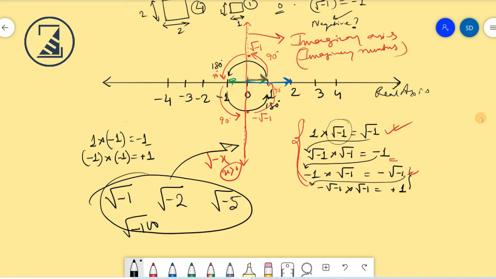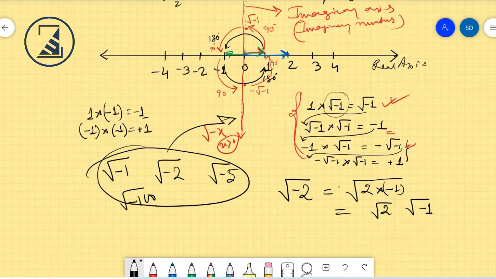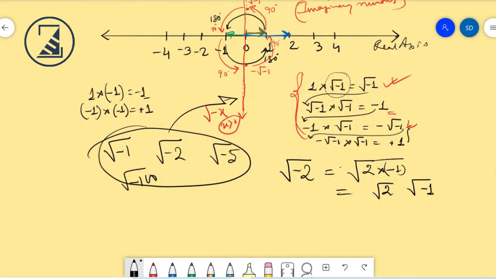Now we can represent all the imaginary numbers as some real numbers multiplied by the square root of minus 1. So let's first name this square root of minus 1.